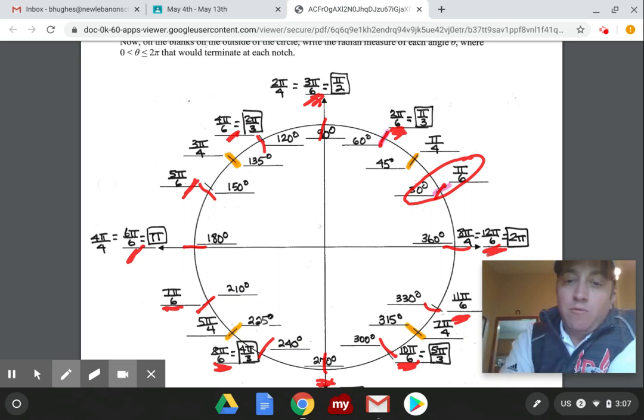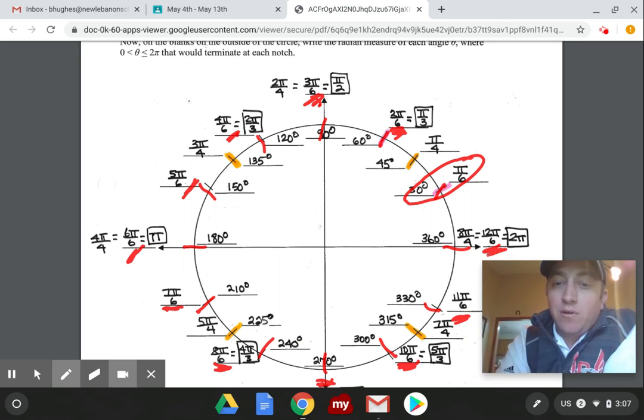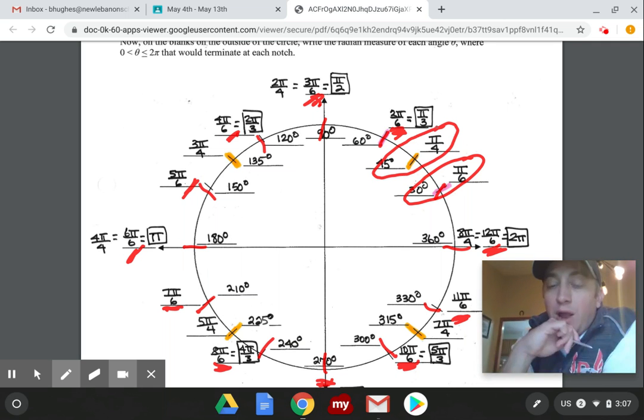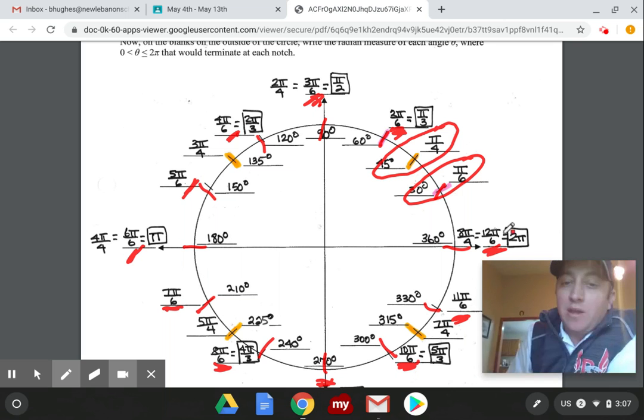So the other one I really need to know is 45 degrees. Okay, 45 degrees in radian measure is pi over 4. So if I went around my unit circle using 45 degrees, 45, 90, 135, 180, 225, 270, 315, and 360, basically adding 45 every single time. So here's my radian measure that goes along with 45 degrees.